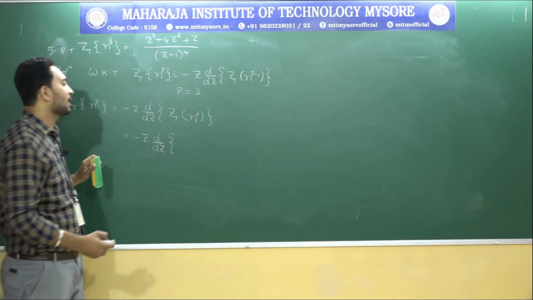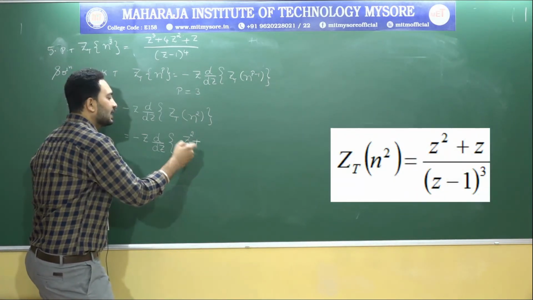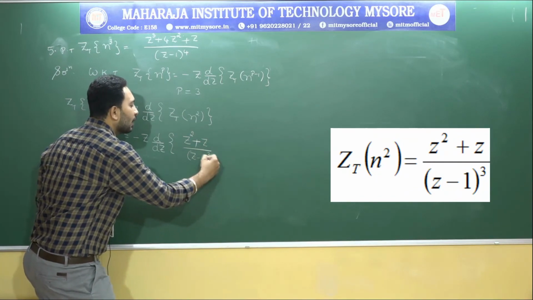What is the z transformation of n square? Just now we have solved this one. It is z square plus z divided by z minus 1 whole cube.